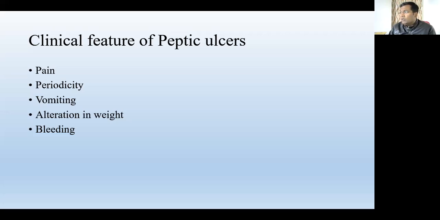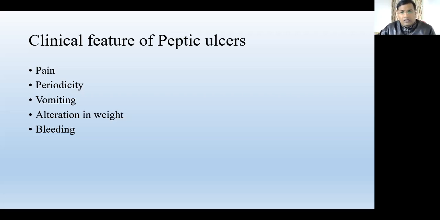Especially gastric ulcer patients will give a history of weight loss, while a few patients with duodenal ulcers may give a history of weight gain, because patients with duodenal ulcers feel better when they eat. That's why they eat regularly and weight gain may be there.